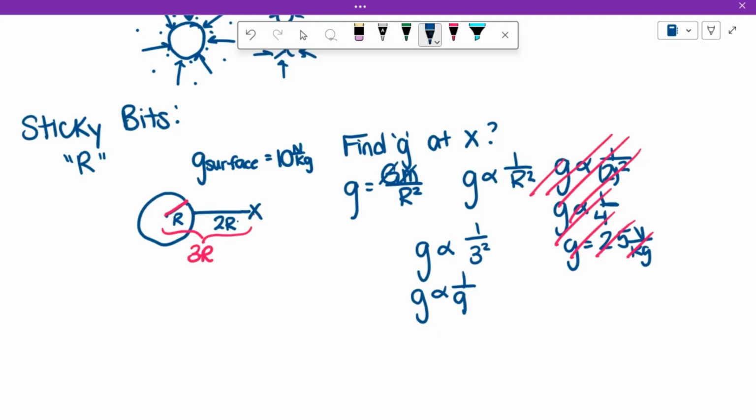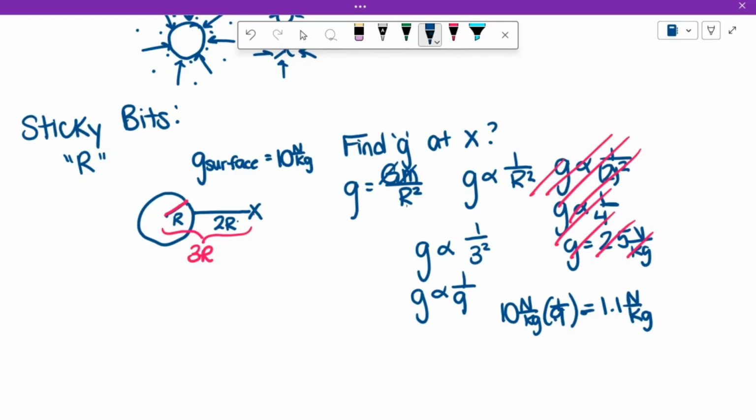To find my new g, I should do the original g of 10 newtons per kilogram times the factor change, which is 1/9. That gives me my new value for g, which is going to be 1.1 newtons per kilogram, not 2.5. So that's something to pay attention to: when you have 2R from the surface, remember R is a distance from the center.